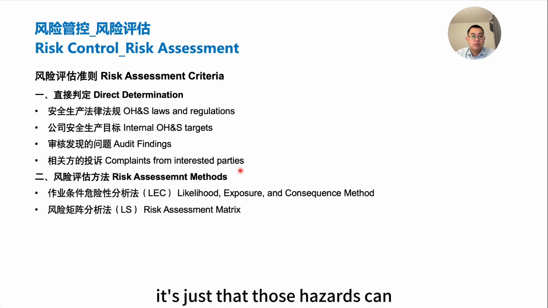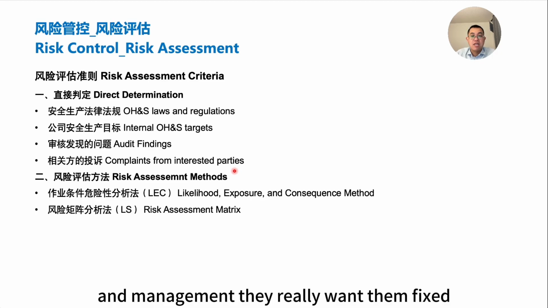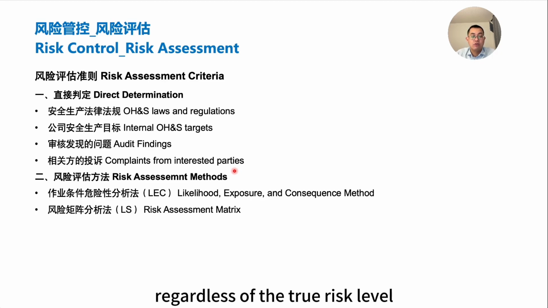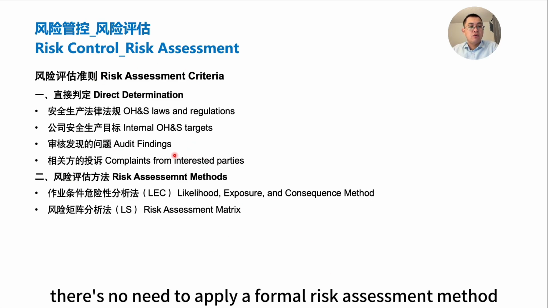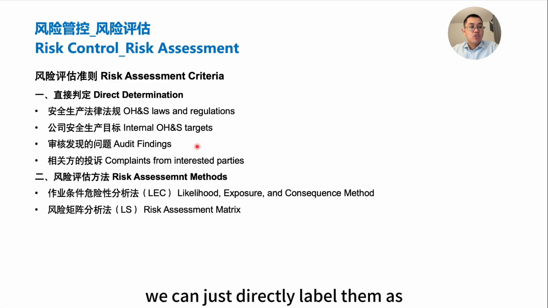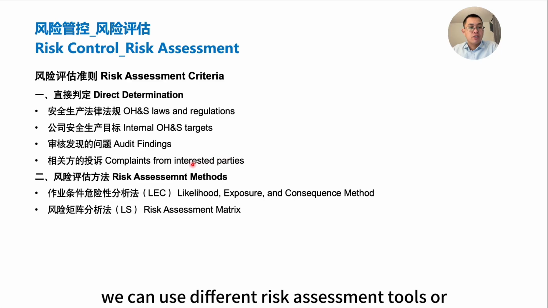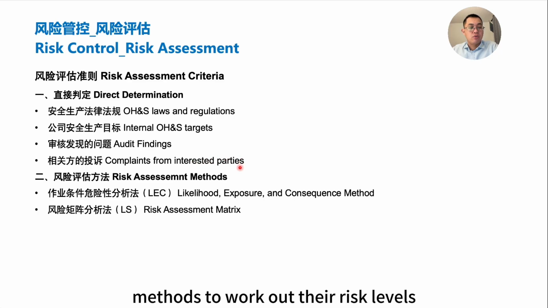It's just that those hazards can have a big impact on the company, and the management really wants them fixed, regardless of the true risk level. For all of those cases, there's no need to apply a formal risk assessment method. We can just directly label them as high risk or extremely high risk. And for everything else, we can use different risk assessment tools or methods to work out their risk levels.